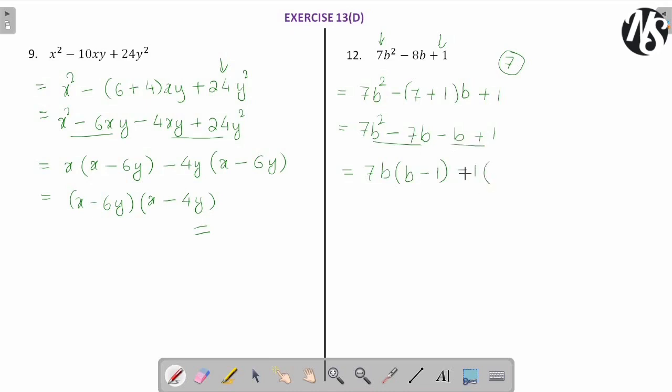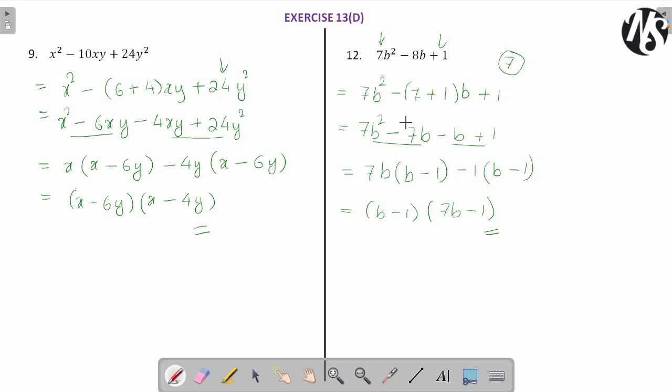Remember, when minus is common, this sign reverses, plus becomes minus, so we have 1 here. See, here we have b minus 1, here also we have b minus 1, so take b minus 1 common, so you get 7b minus 1 here, isn't it? So this will be the factorization of this particular expression.